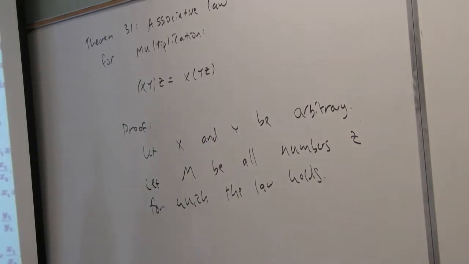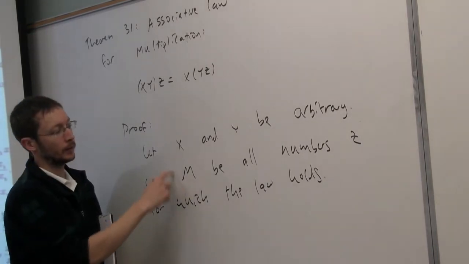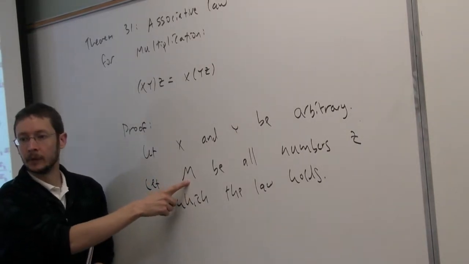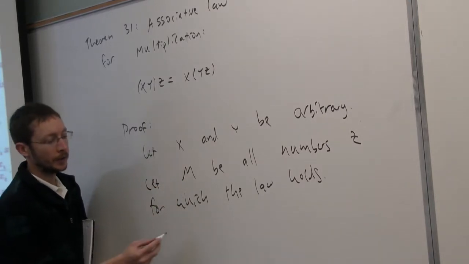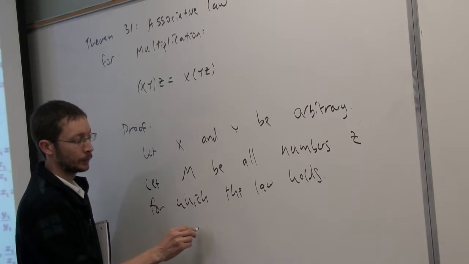Then we need to know, first of all, is there any number z? Right? Is there any number in M for which the associative law holds? And it's easy to verify for 1.